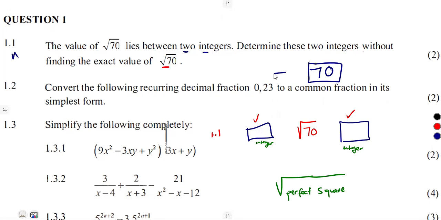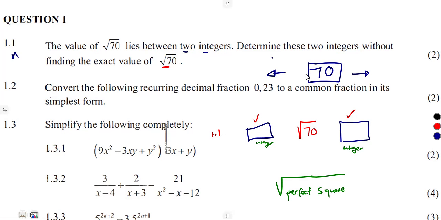Which perfect square do we have before 70, and which just after 70? So as we go down from 70, the first perfect square we are going to have will be 64.